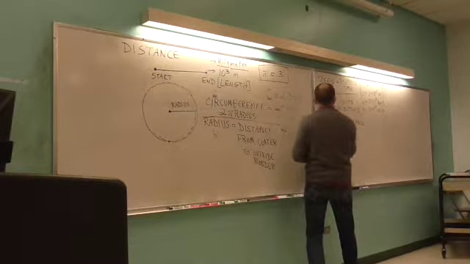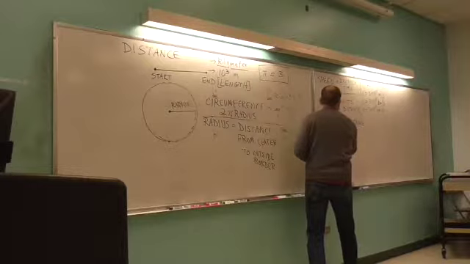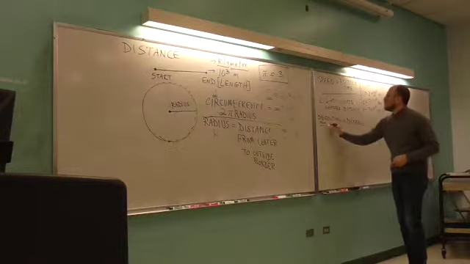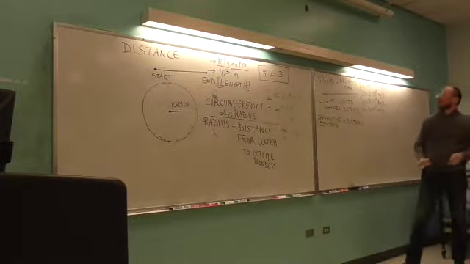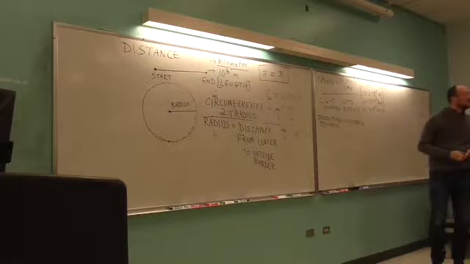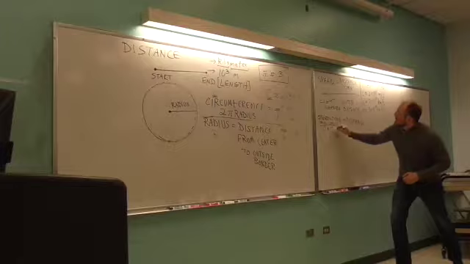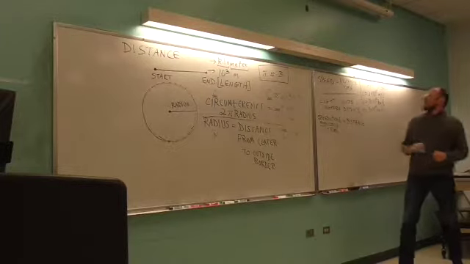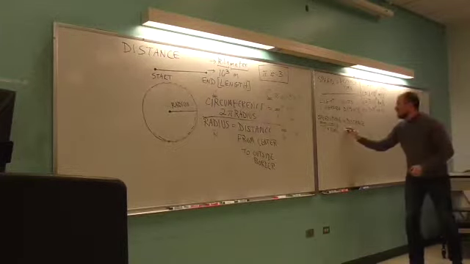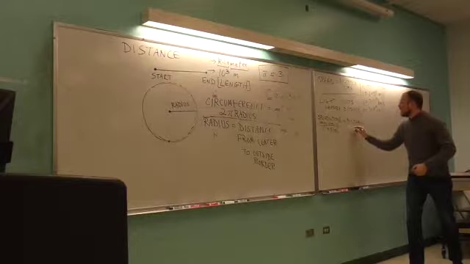This is a special choice: I'm going to choose the speed equal to c. I'm going to multiply that c times some time, and when I do that, I'm going to get out a distance.